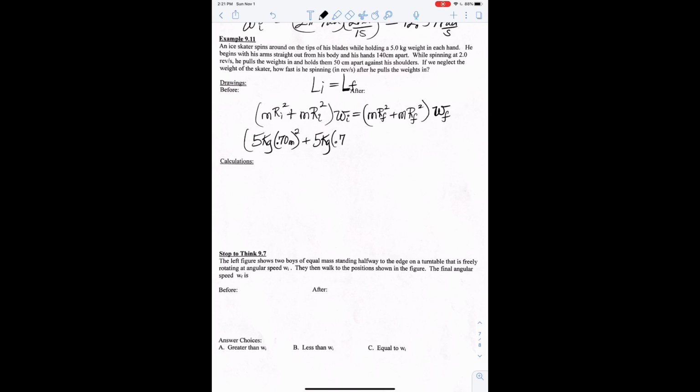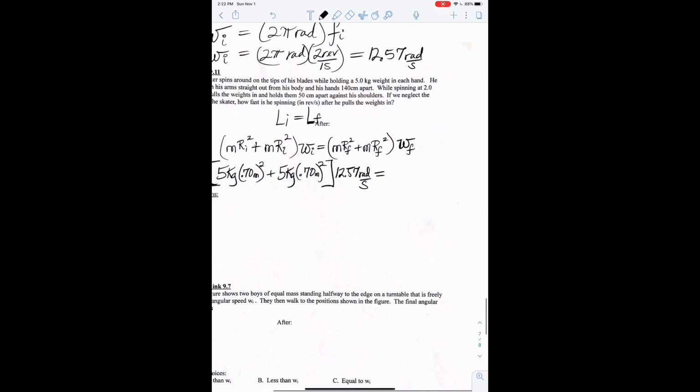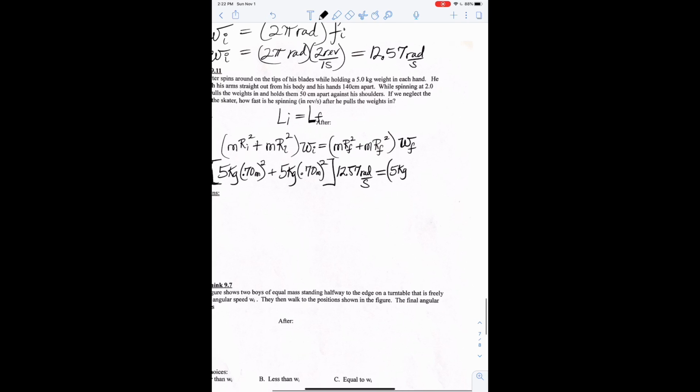This should probably be a bracket. We're going to multiply that all by the initial angular velocity, which was that 12.57. Running a little bit out of room here, this is just going to look a little rough.